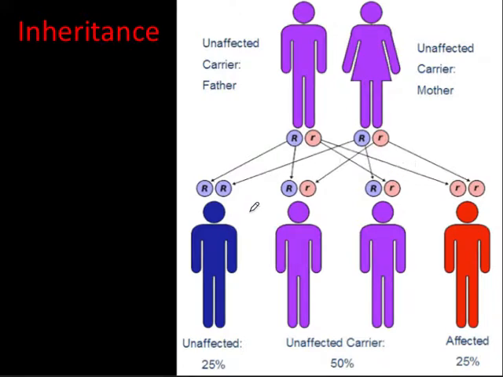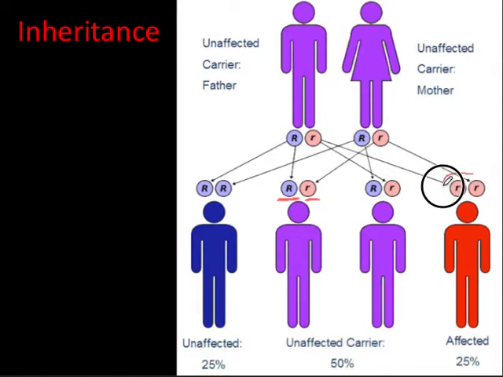But there's a 50% chance they'll produce a child that is safe from the disease. So in this case, the dominant R means that they don't have a disease, whereas the lowercase r means you have the disease.